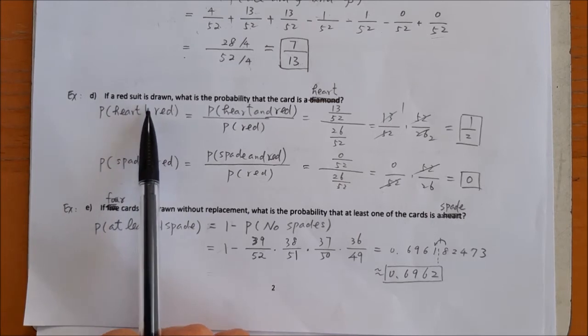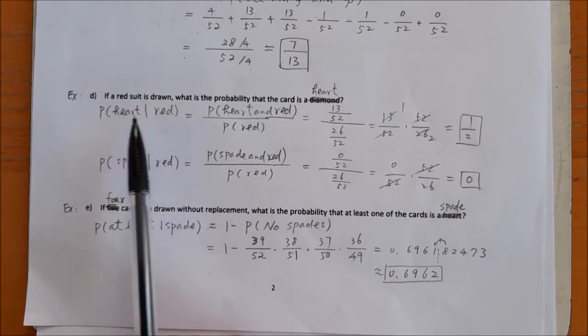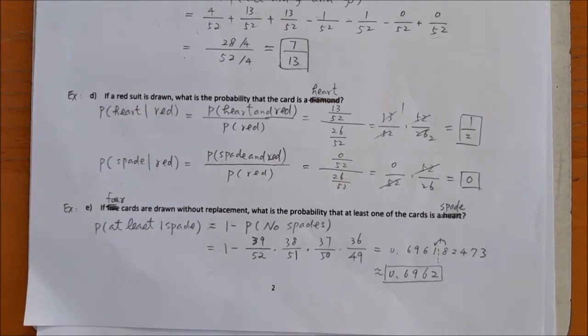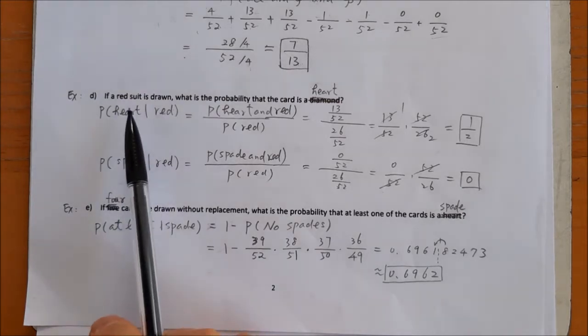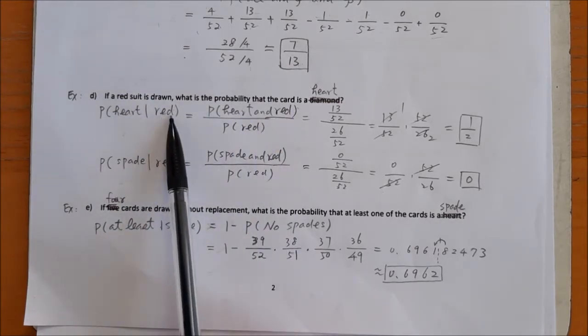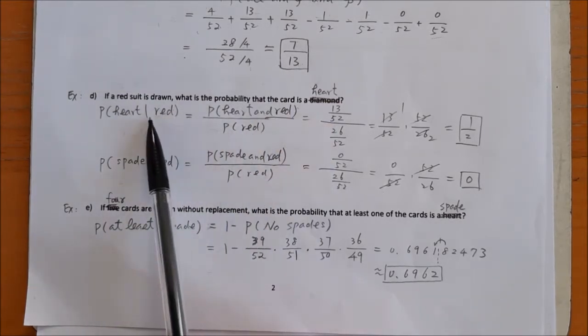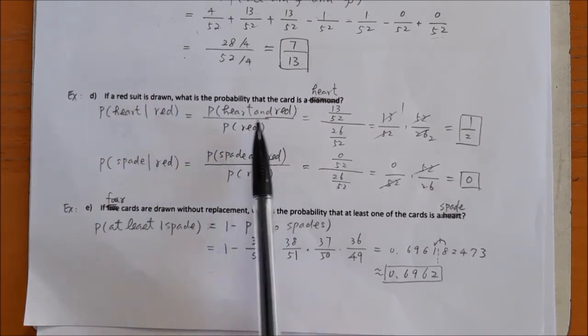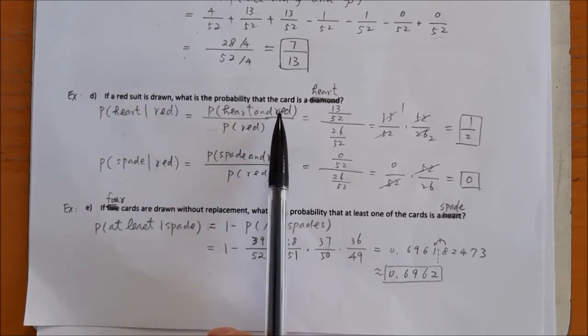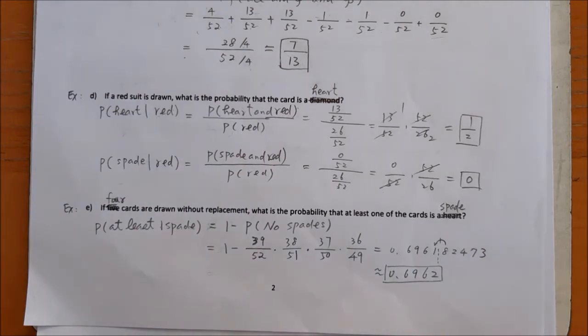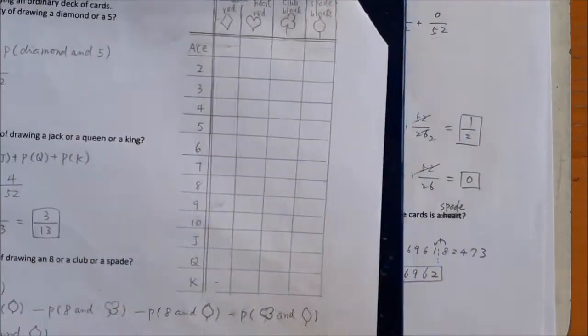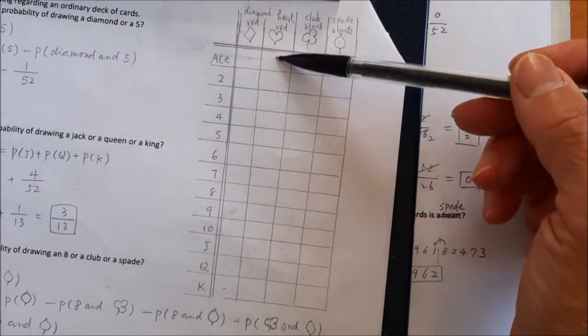Probability of heart given red, under the condition that it is red, is equal to the probability of heart and red over the probability of red. So how many cards are heart and red? A heart is a red card.